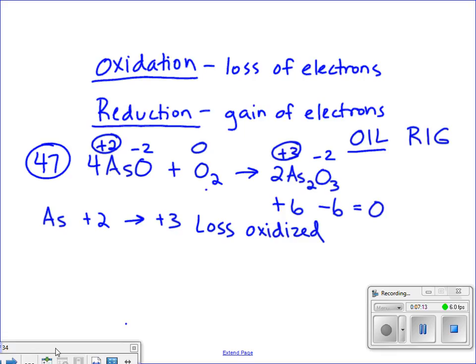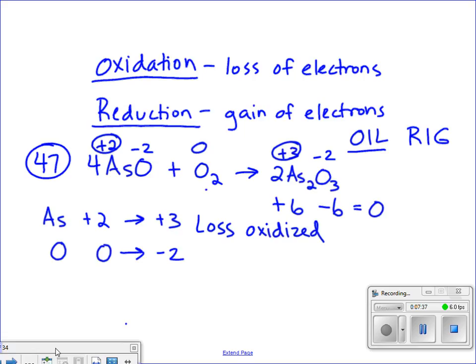Then we look at oxygen. Oxygen went from a 0 charge to a -2 charge. This is a reduction in charge. That's why a gain of electrons is called reduction. The more electrons you gain, the more negative your charge becomes, or the further reduced your charge becomes.